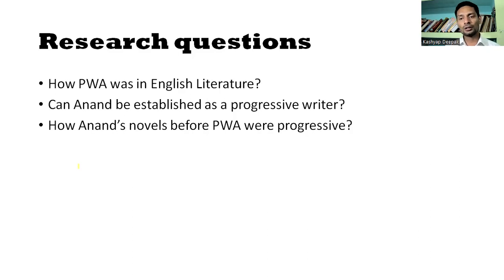These research questions will give you many thoughts, because Mulk Raj Anand's Untouchable was published in 1935, before the PWA movement started in literature, whether Hindi, Urdu, or English. So we are going to establish that Mulk Raj Anand was a progressive writer even before the progressive writers' movement was launched.